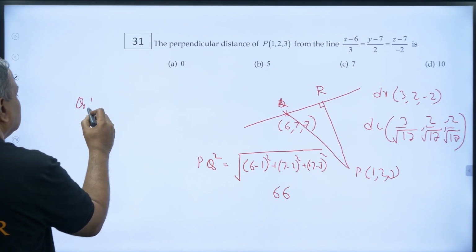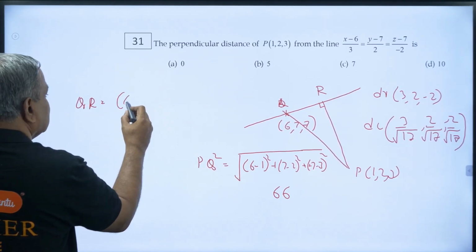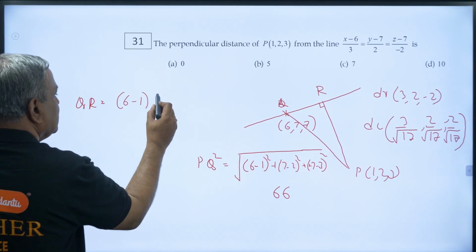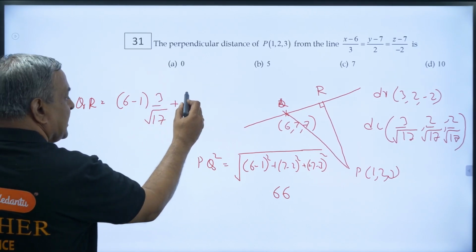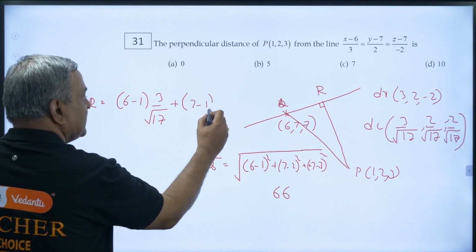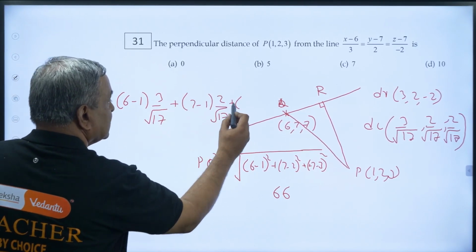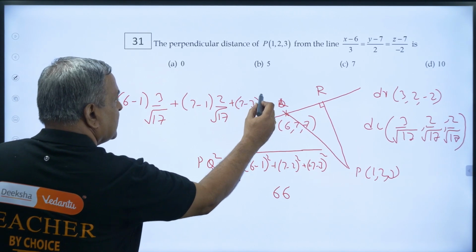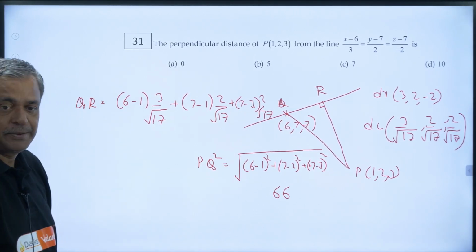So QR is 6 minus 1 into 3 by root 17. Similarly, 7 minus 2 into 2 by root 17 plus 7 minus 3 into minus 2 by root 17. This is the value of QR.